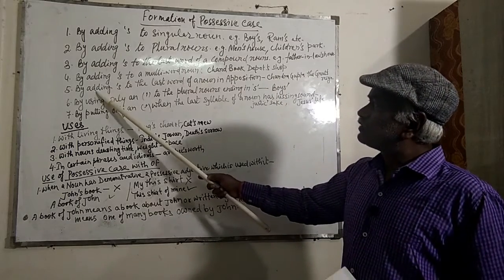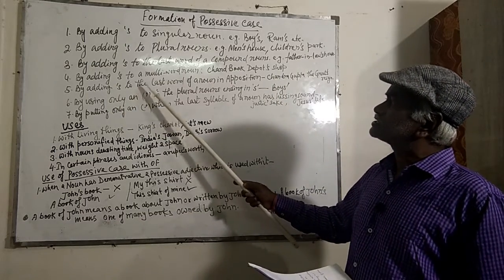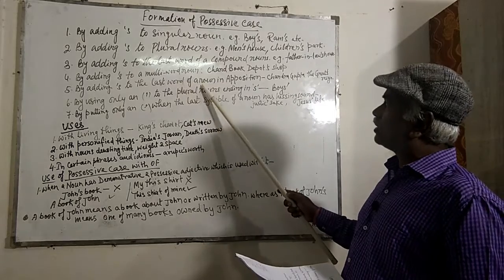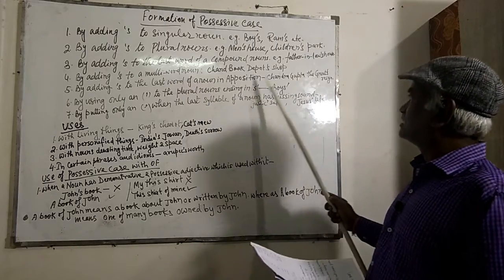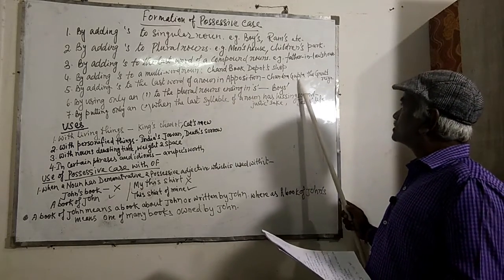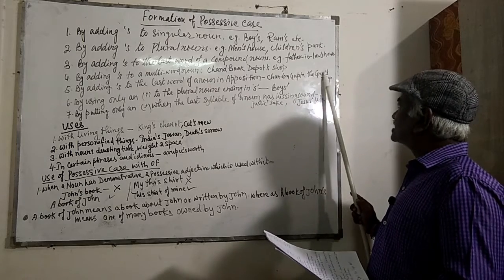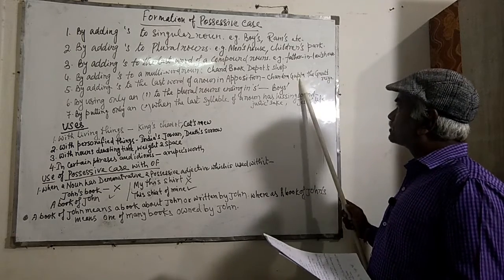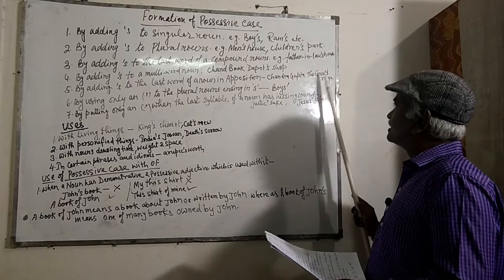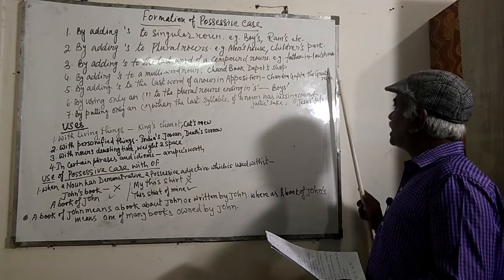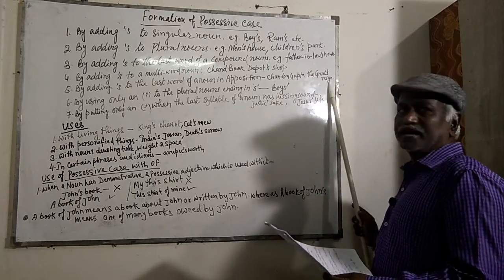Then the fifth one is by adding apostrophe s to the last word of a noun in apposition. Chandragupta the Great's reign. Great apostrophe s, Great's reign.